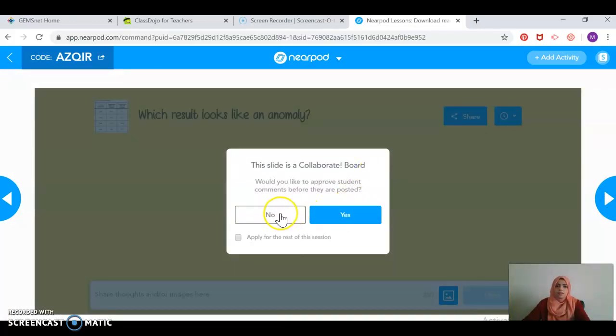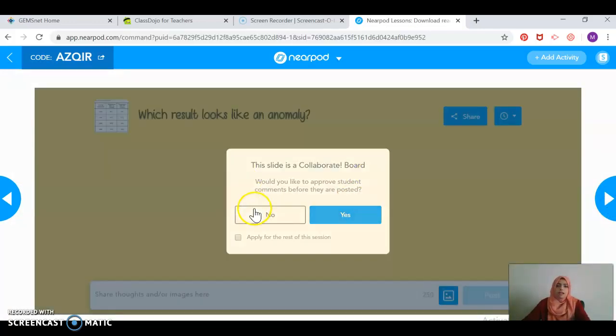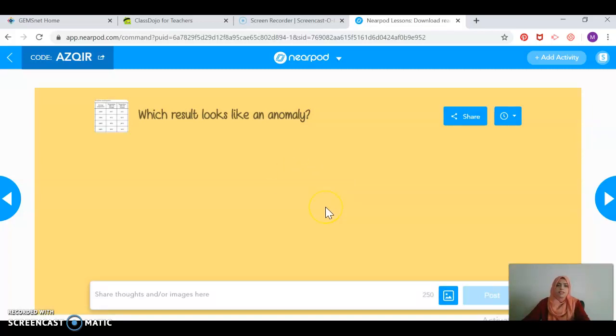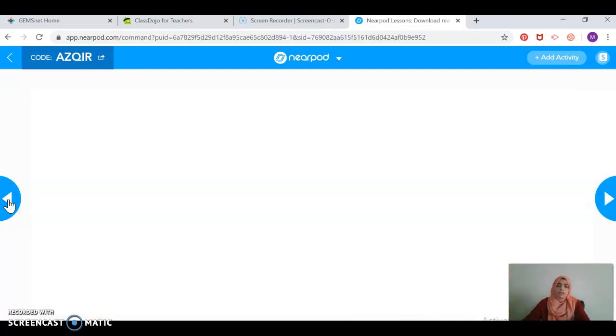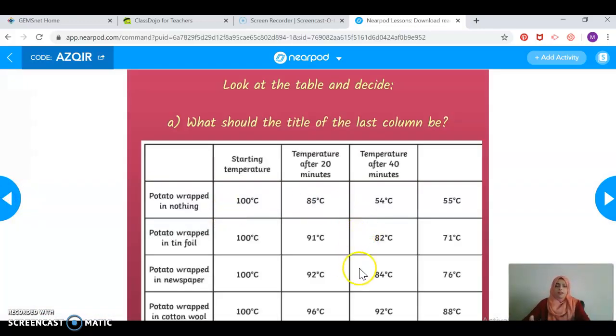Then we go to the next question: which results look like an anomaly? An anomaly is when you look at the pattern on the table and one result doesn't fit. There was a pattern, and then suddenly the pattern has changed.